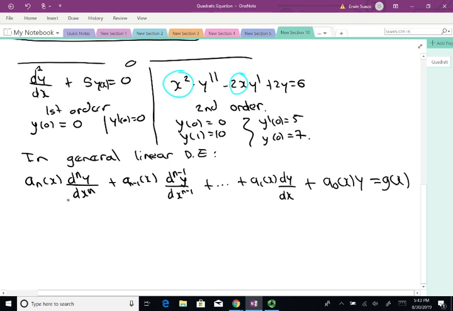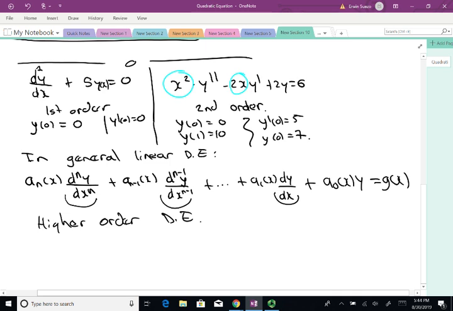Okay, so you might have this high order. Sorry, this is my Siri giving me problems. You might have different orders of derivatives, but that means it's a higher order differential equation.